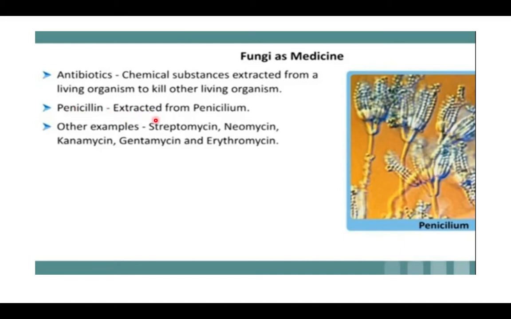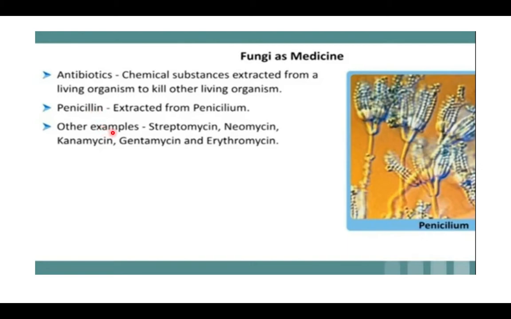Penicillin is extracted from Penicillium notatum, right? Penicillium notatum is a fungus. From that penicillin is prepared, and penicillin is an antibiotic which is injected or given in the form of a drug to kill the living microbes in our body. Harmful microbes are killed with the help of fungi. Okay, the antibiotic is prepared from fungi.